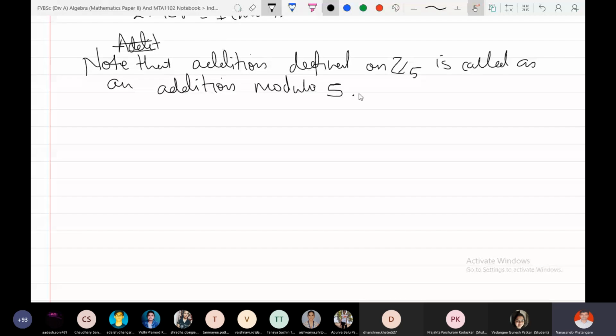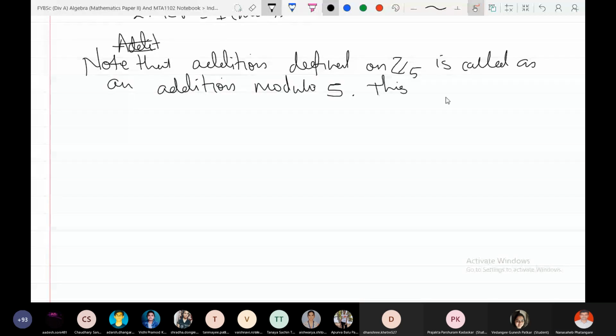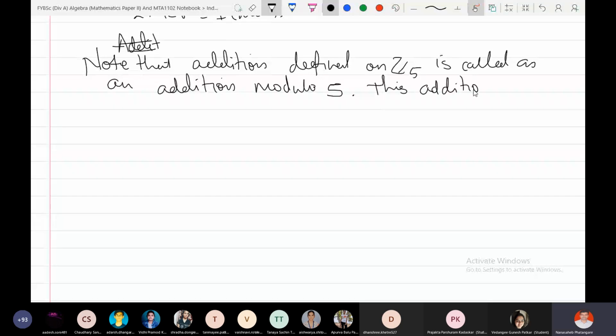So this addition is denoted by plus, addition modulo 5. So this is not like our usual addition.